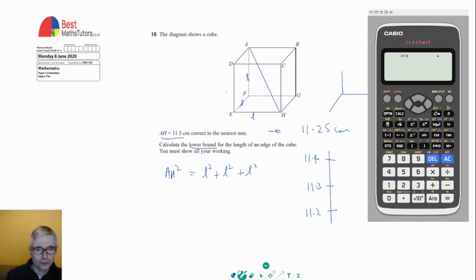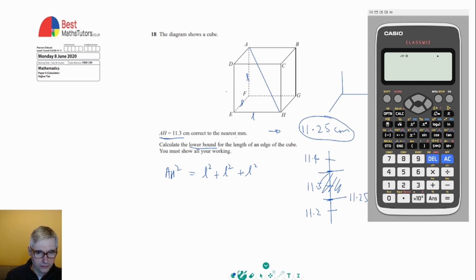If we work to the nearest millimeter, the number after the decimal point is the millimeter, and we can see that 11.3 represents anything between these two limits, the midpoints between the next numbers. And this one here is 11.25 because it's the halfway point. So that's why that's the lower bound for AH.